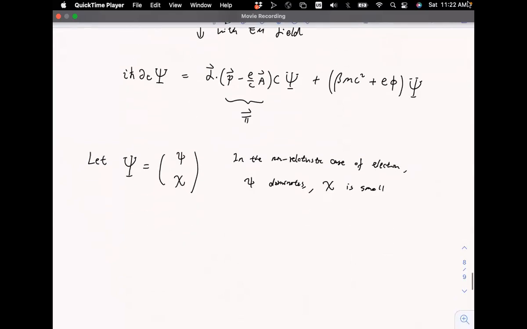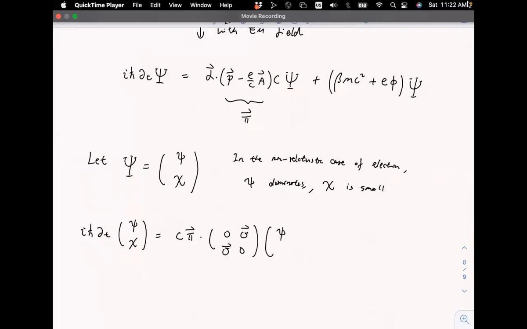Okay, so let's rewrite the equation. Each of these are 2 component wave functions. So the pi is here, and this is the sigma dot, and then this will be this.